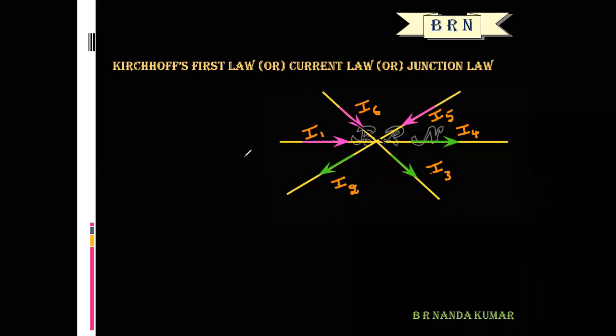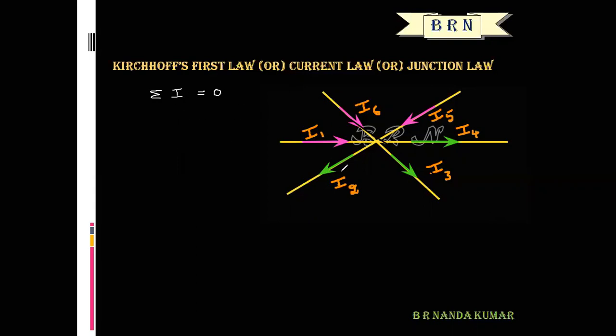In an electrical network, the algebraic sum of currents at a junction is equal to 0. This is the mathematical expression for Kirchhoff's first law, also called the junction law.